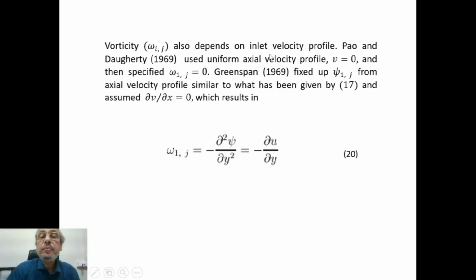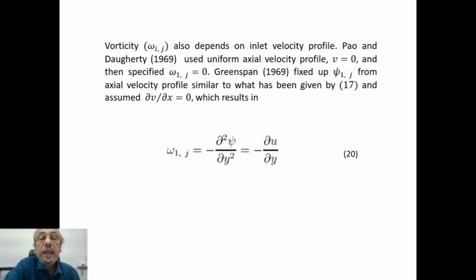Vorticity also depends on the inlet velocity profile. Now, different people considered differently what the vorticity should be on the inlet plane. Pau and Dougherty used a uniform axial velocity profile, that means u equal to u∞, v equal to 0, and then specified omega 1j equal to 0.